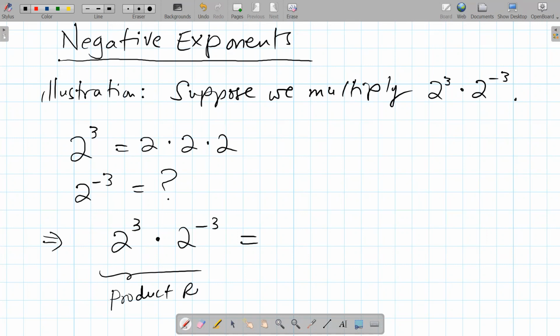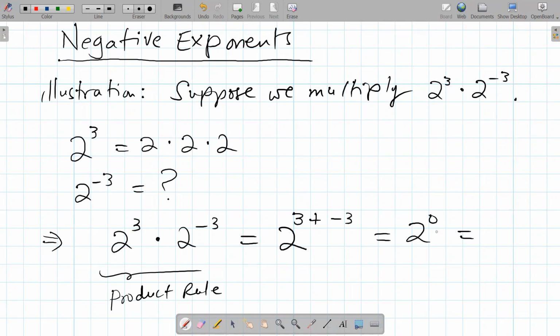Remember, the product rule says that if you're multiplying two exponential expressions and the base is the same, keep the base and sum up the powers. So 3 plus negative 3 gives you 0. So this is going to be 2 raised to 0.